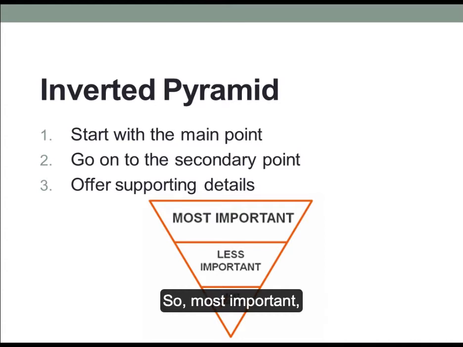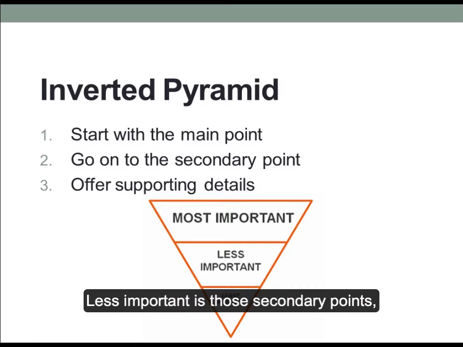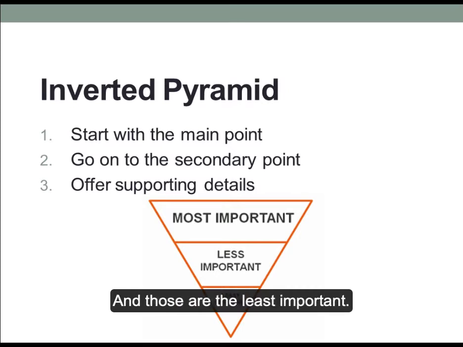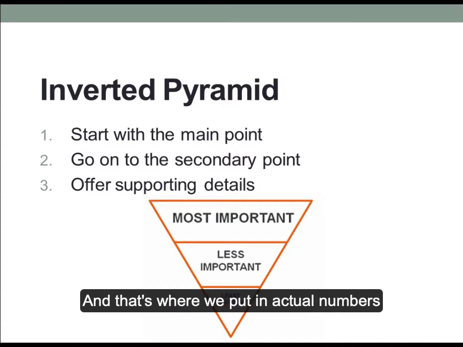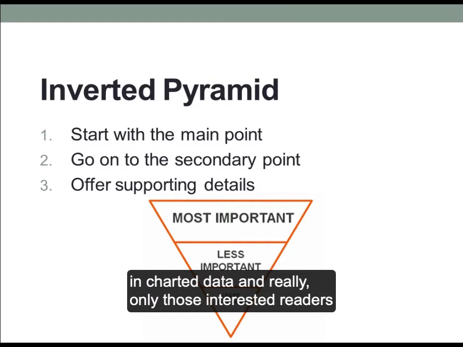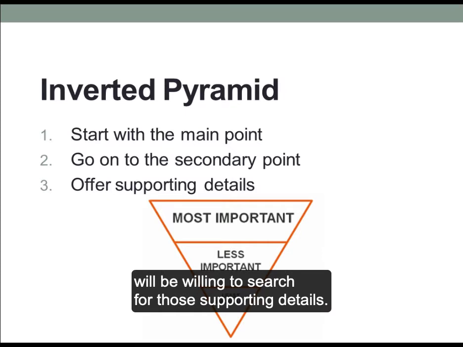So the main point is most important, the first thing we look at. Less important are those secondary points, and then we have supporting details, which are the least important. That's where we put in actual numbers and charted data, and really only those interested readers will be willing to search for those supporting details.